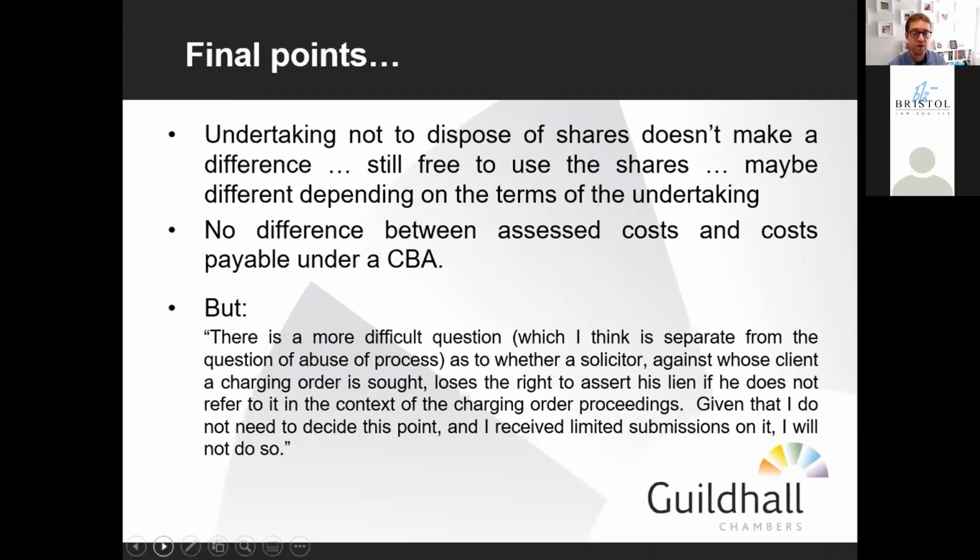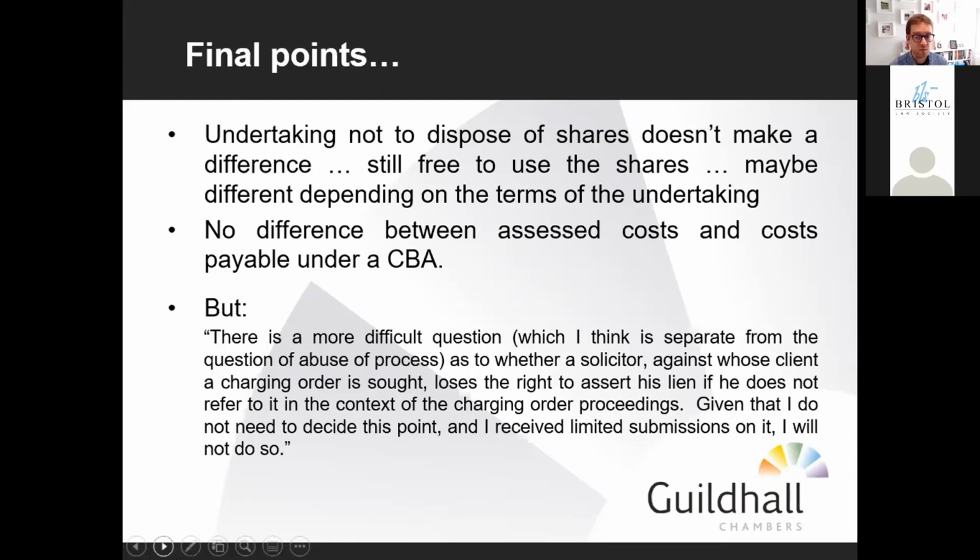And because it's no longer the litigant's money, it's no longer money that a solicitor can seek a charge against, because a solicitor cannot be put in a better position under Section 73 than the individual litigant would be. So if you're looking at an undertaking over, for example, money paid into court, always look at the terms of the undertaking.